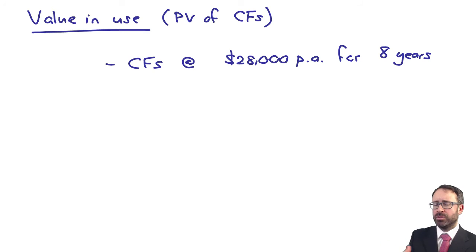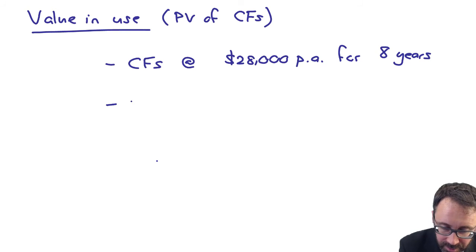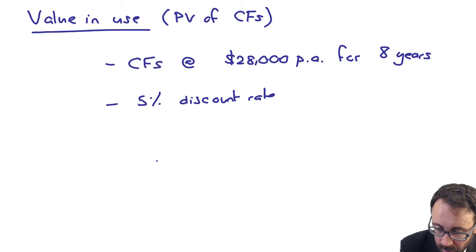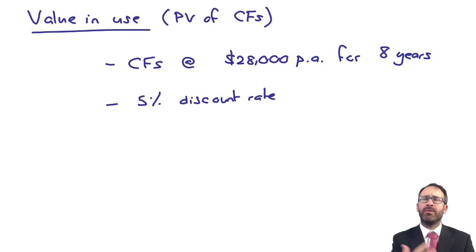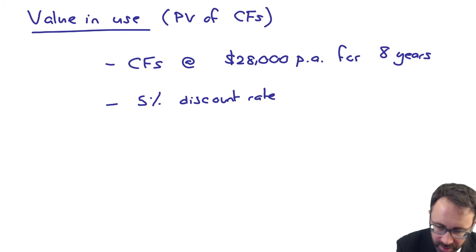Again, there is some measurement uncertainty, wouldn't there, in terms of the length of time, also the discount factors. So let's just say here that we have a 5% discount rate. But the framework is giving you the baseline idea as to how to calculate it. Okay, it can then be defined in more detail within the actual accounting standards themselves. So what you've got there, if you have a 5% discount rate, is it there for 8 years?